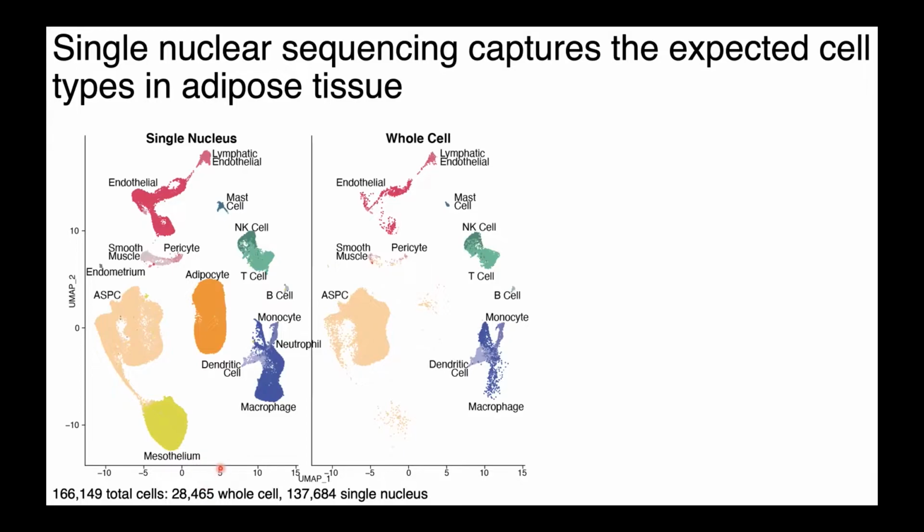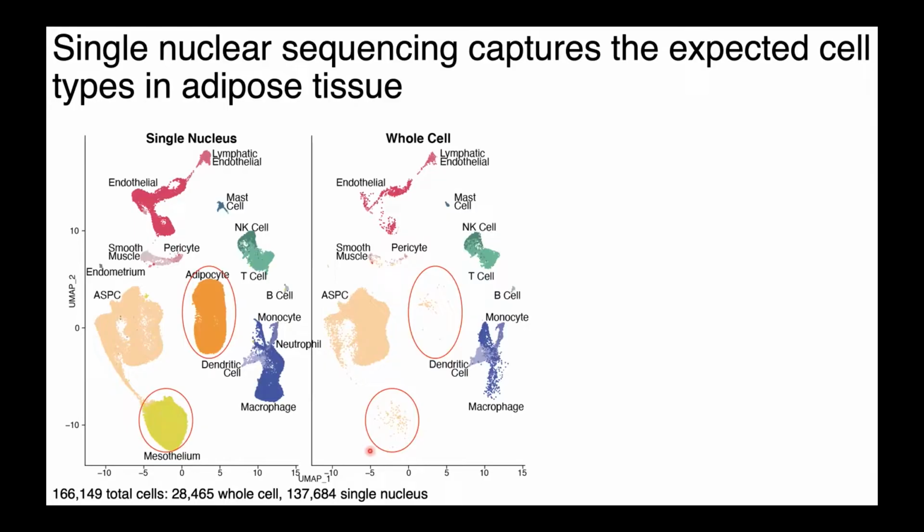But you can also see that there are some cell type specific differences. For example, there are these two populations of cells that you can see are present in the single nuclear data and pretty much not present in the whole cell data. As I mentioned, one of these populations are the adipocytes, which is the reason why we changed to the single nuclear sequencing in the first place. Another population is the mesothelium.